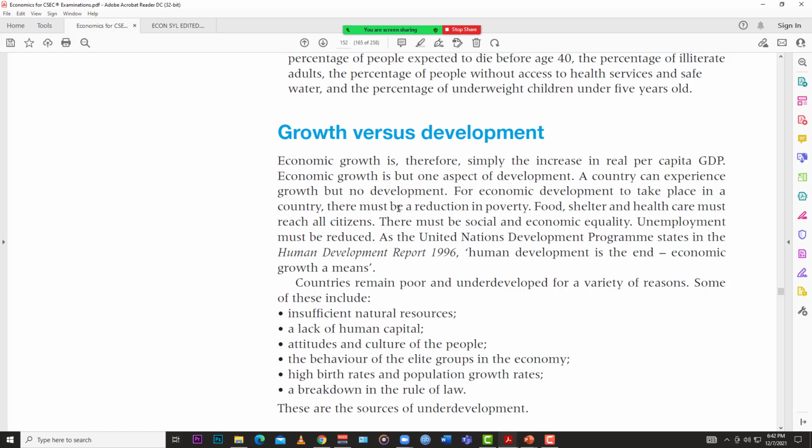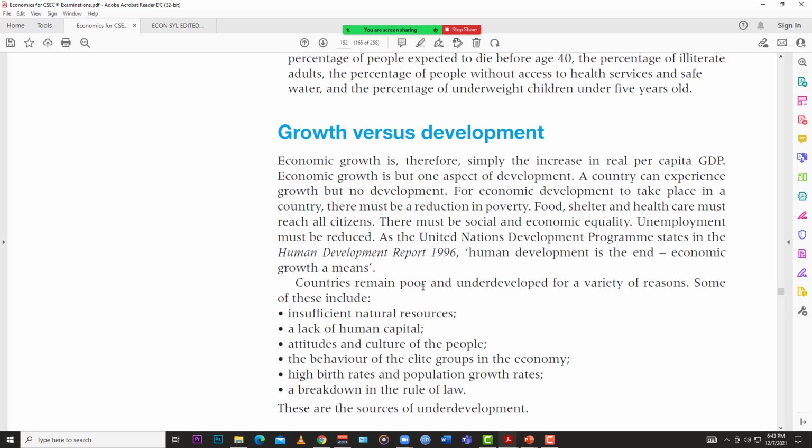For economic development to take place in a country, there must be a reduction in poverty. Food, shelter, healthcare must reach all citizens. There must be social and economic equality. Unemployment must be reduced. The United Nations Human Development Report should show exactly how we're improving.